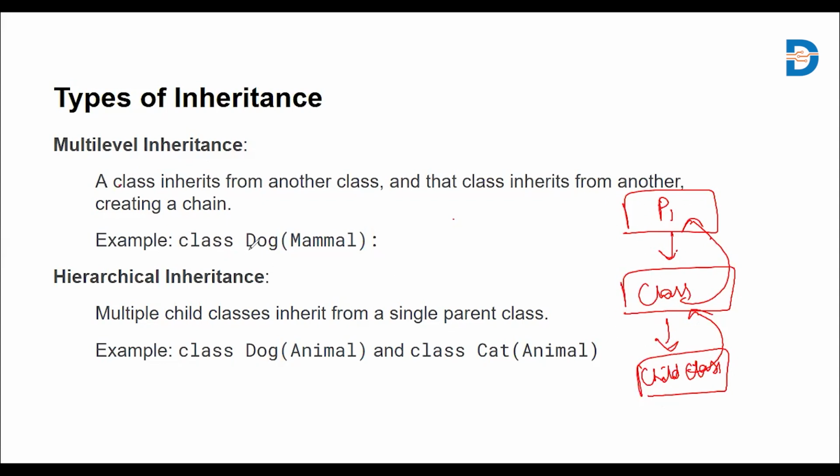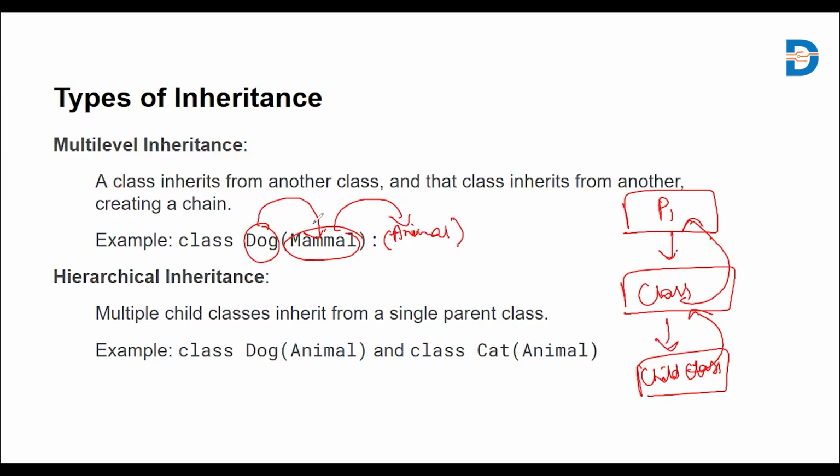Here a dog class inherits from mammal. The dog class is inheriting the properties from mammal, and mammal also inherits the properties from animal.